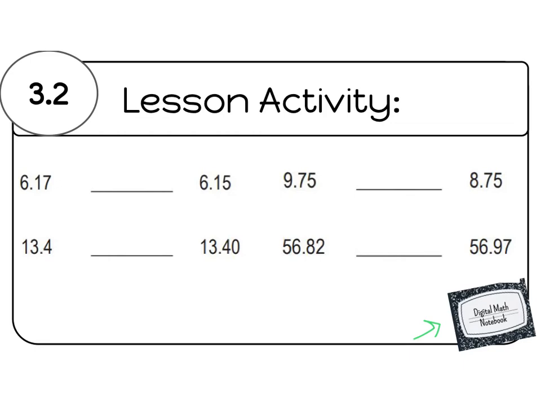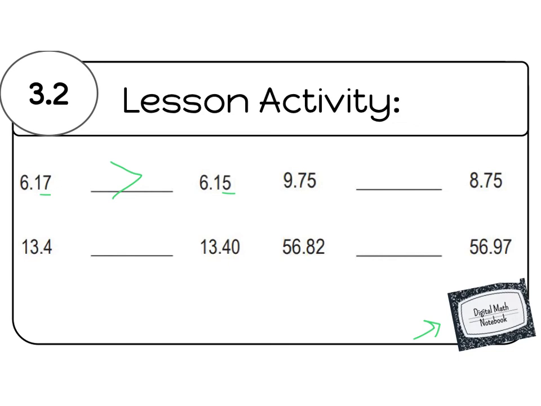So for our first example, we have 6.17 and 6.15. I notice that the 6s are the same and the 1s are the same, so I'm going to underline the 5 and the 7 because that is where the digits are different. Now I can ask myself which one of these numbers is bigger. I know that 7 is bigger than 5, so my alligator is going to face the 7.